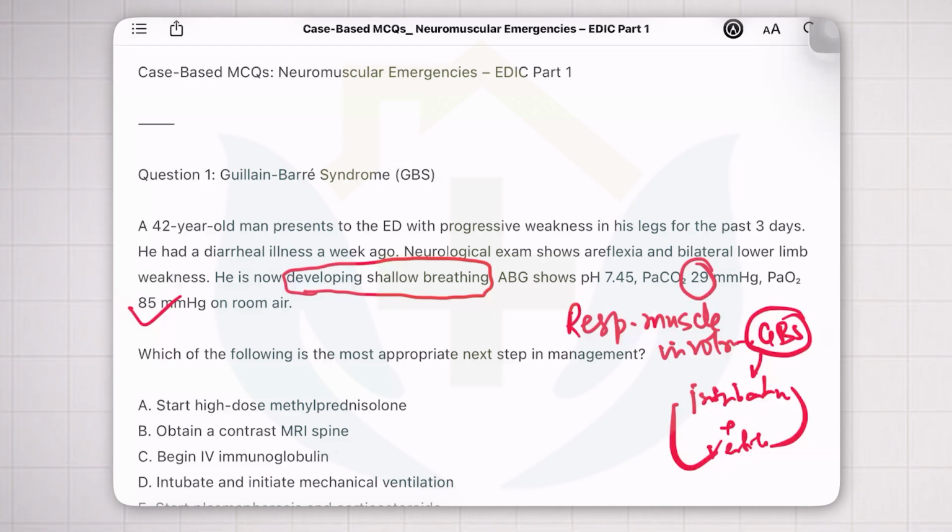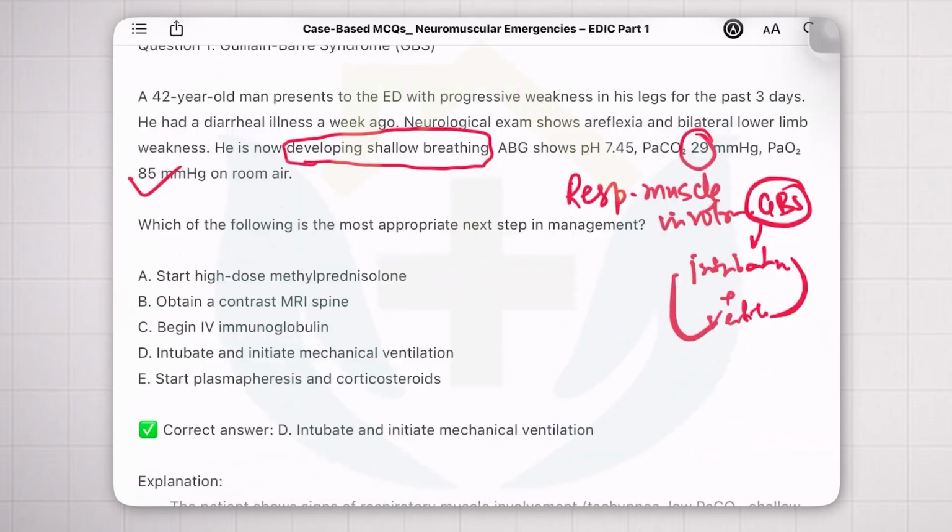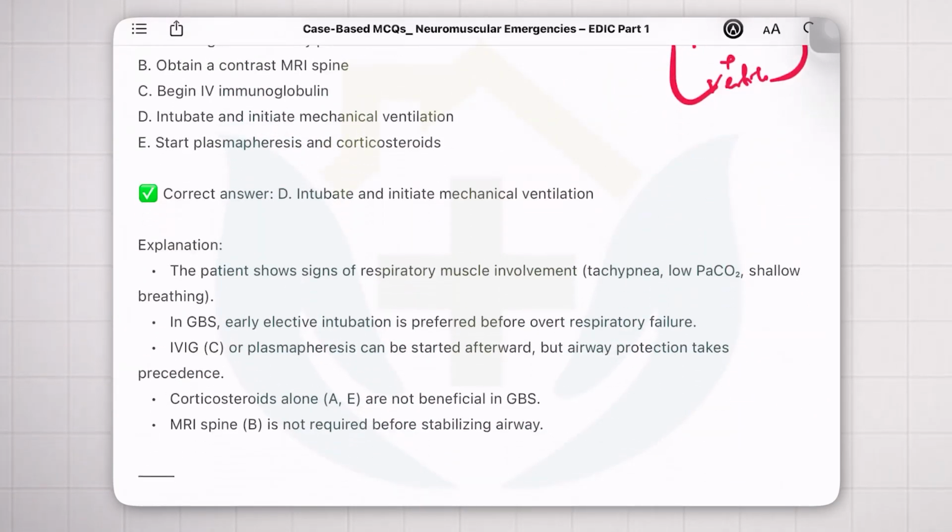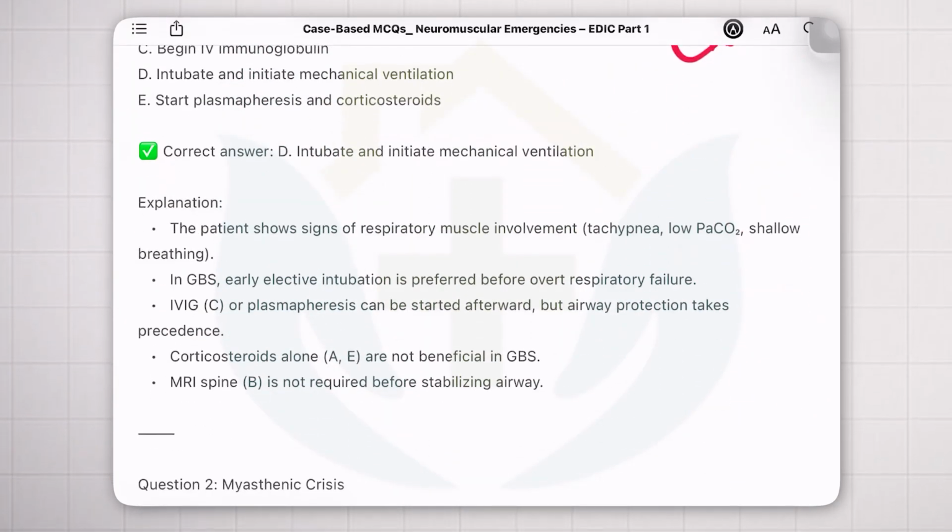But as an intensivist, it is your responsibility to identify the patients when they are in impending respiratory failure. That means if you intervene now, there are high chances of patient survival. So this patient will need intubation and mechanical ventilation. So the correct answer is to intubate the patient and initiate mechanical ventilation.